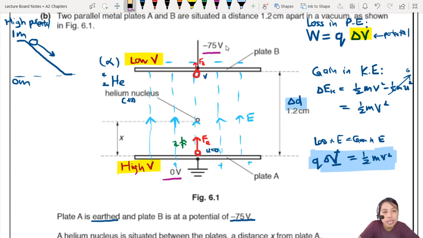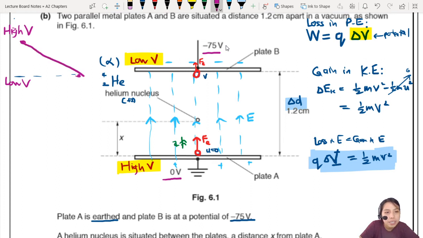But if I change this analogy to electric fields, you can use the same thing. Imagine you are going from a high potential to some low potential down here. From this point up there, all the way down to the low point, there will be a gradient, a slope. This is what we call the slope.